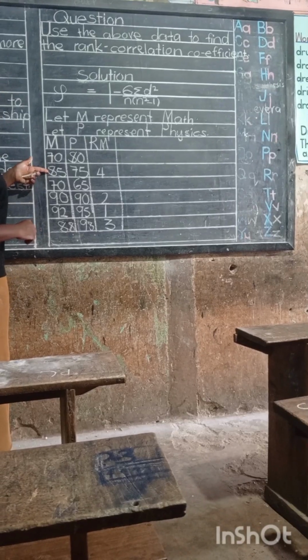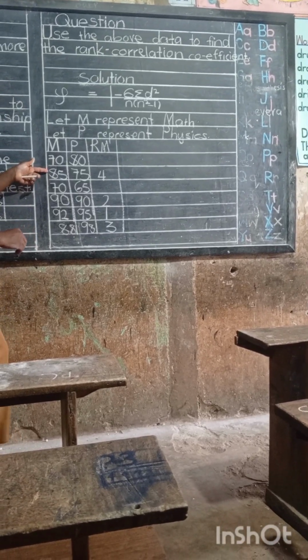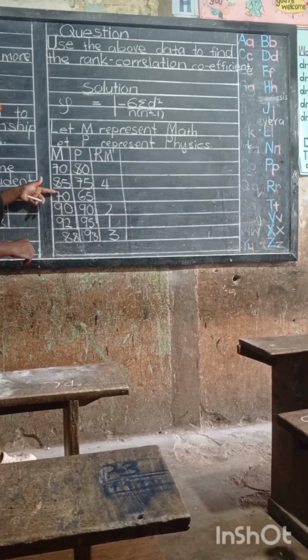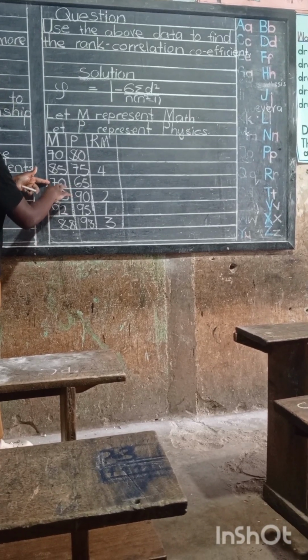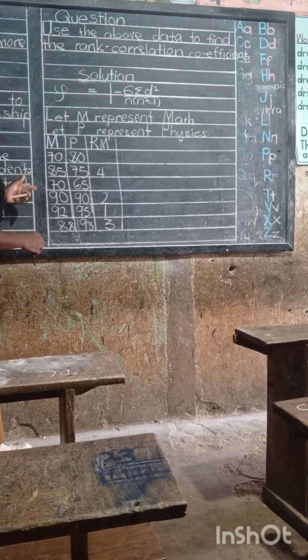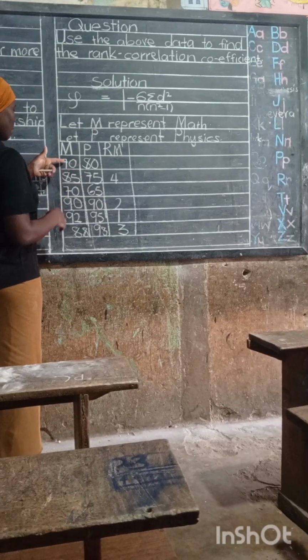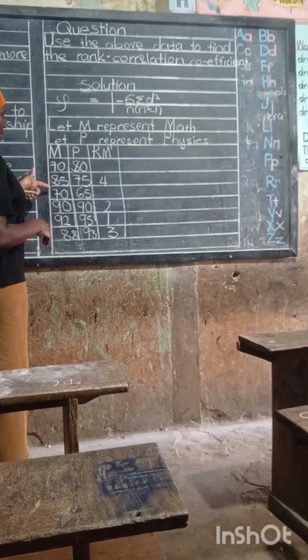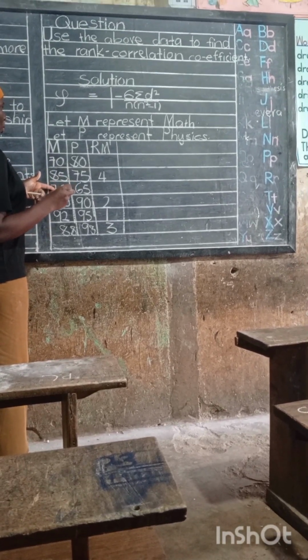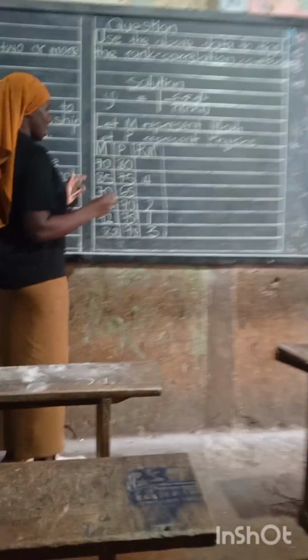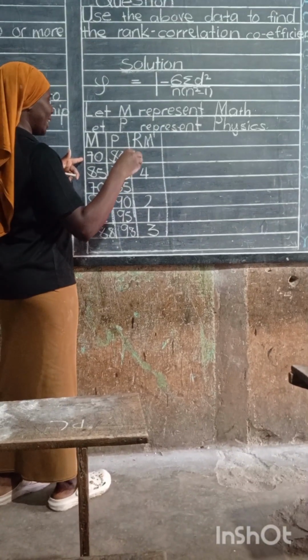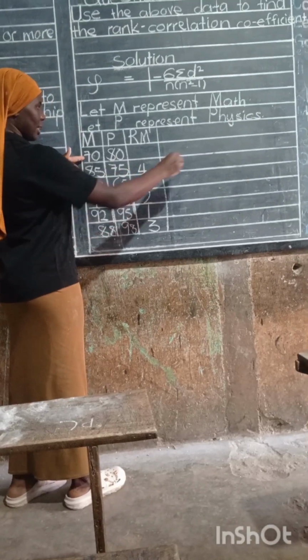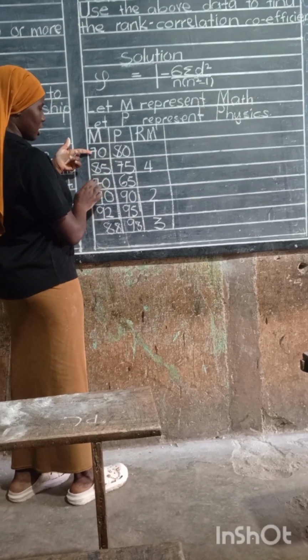Then the fifth one, we have 70 and 70. This is supposed to be the fifth, but there are 2. What am I supposed to do here? I have to get their places: here is the fifth one, this is the sixth one.